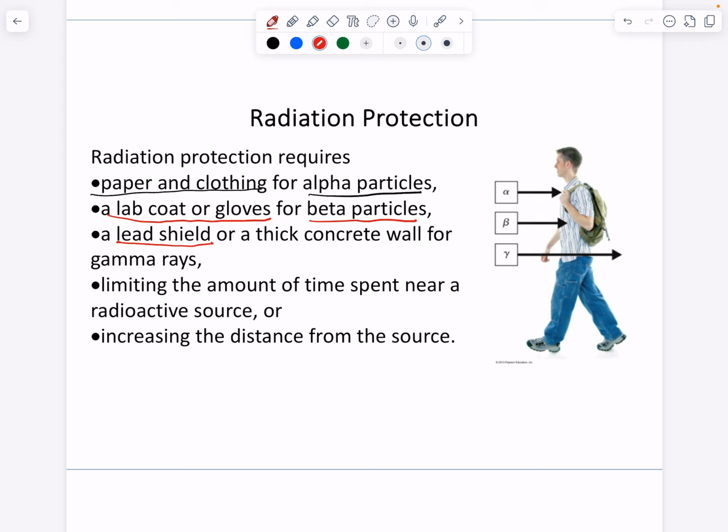Okay, a lead shield or thick concrete wall is going to protect you against gamma rays. Additionally, you need to limit the amount of time that you are exposed to radiation, and also increase the distance from you to the source of the radiation. Okay, so be careful.